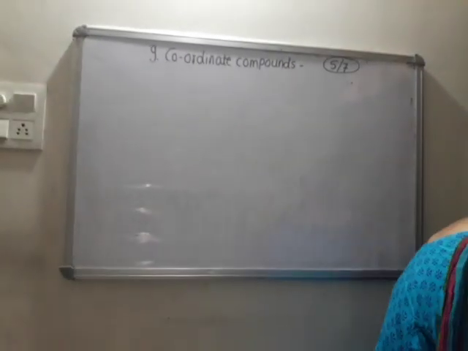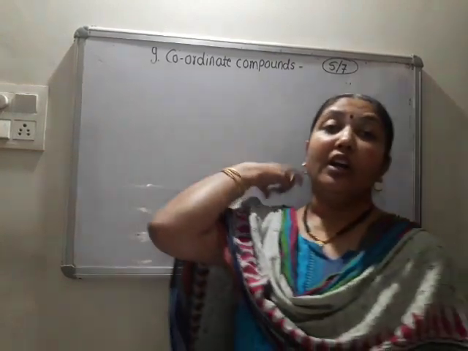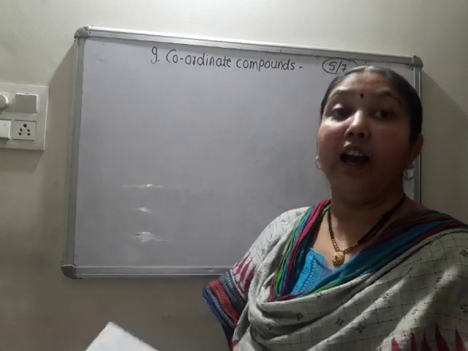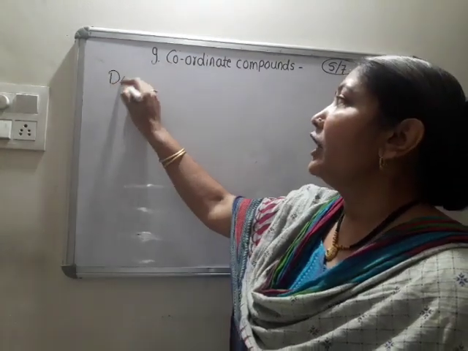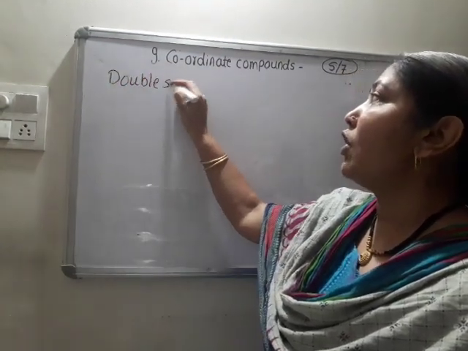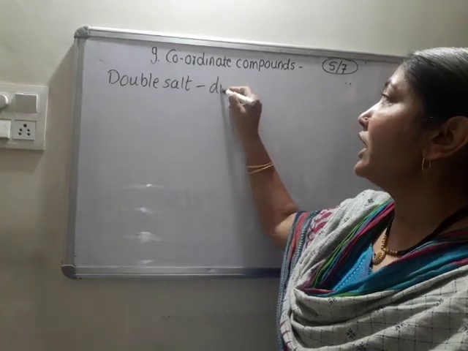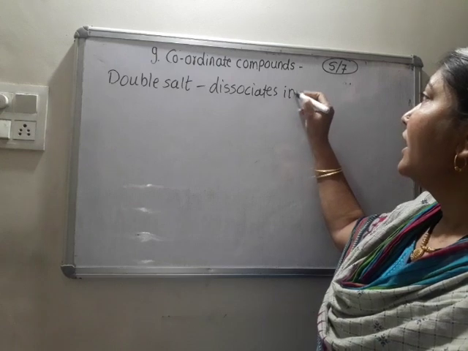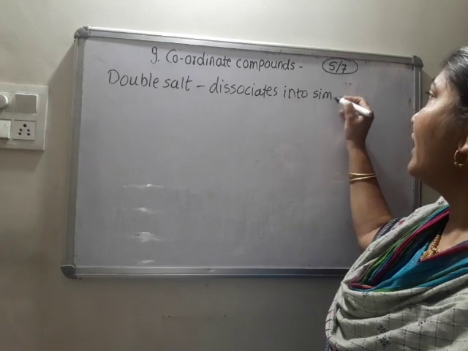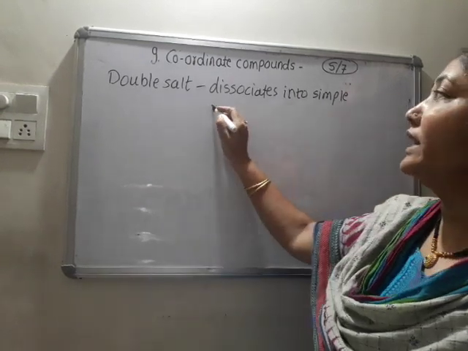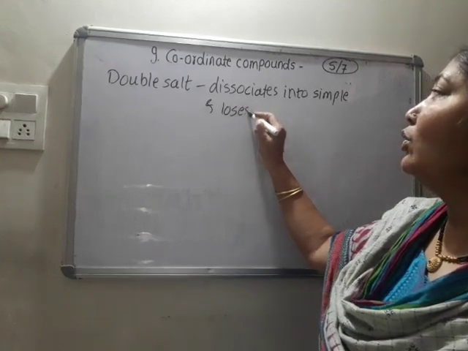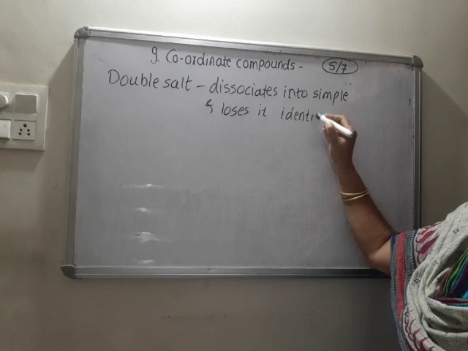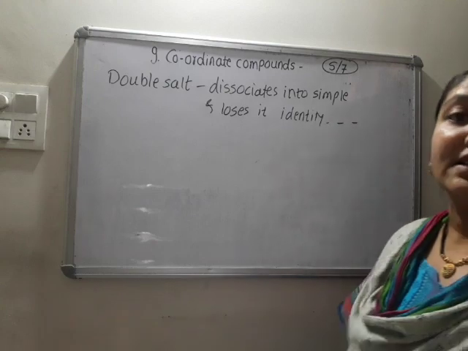A substance which when dissolved in water dissociates completely into simple ions and loses its identity. That is known as a double salt.